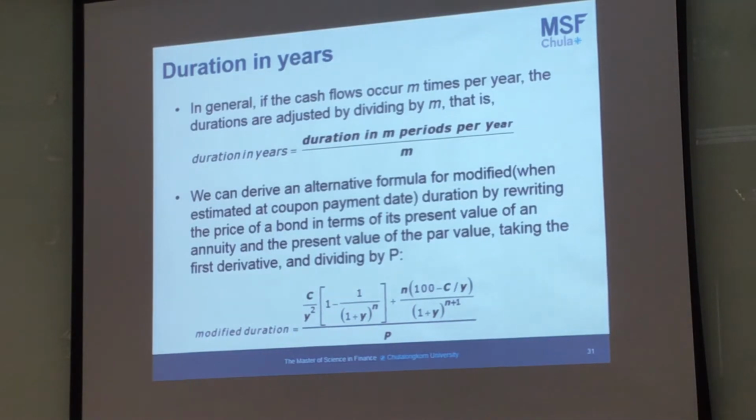Okay. Basically, it just comes from this formula, if you remember the PMT of coupon, right? This is the annuity formula, right?